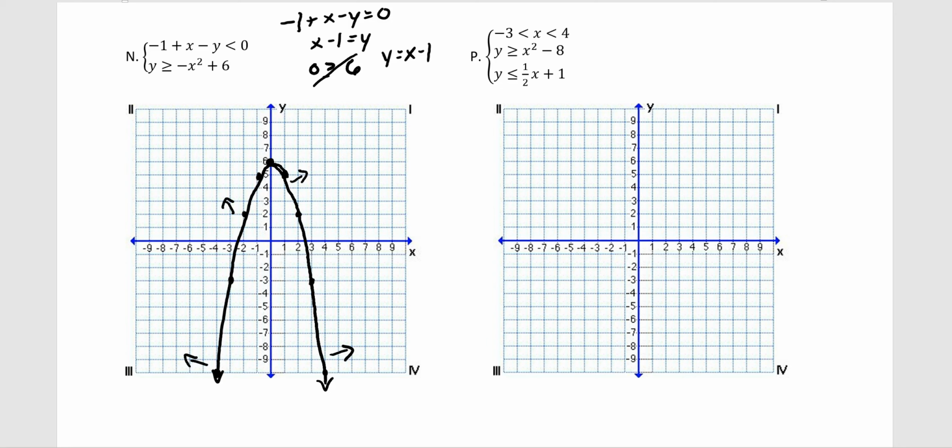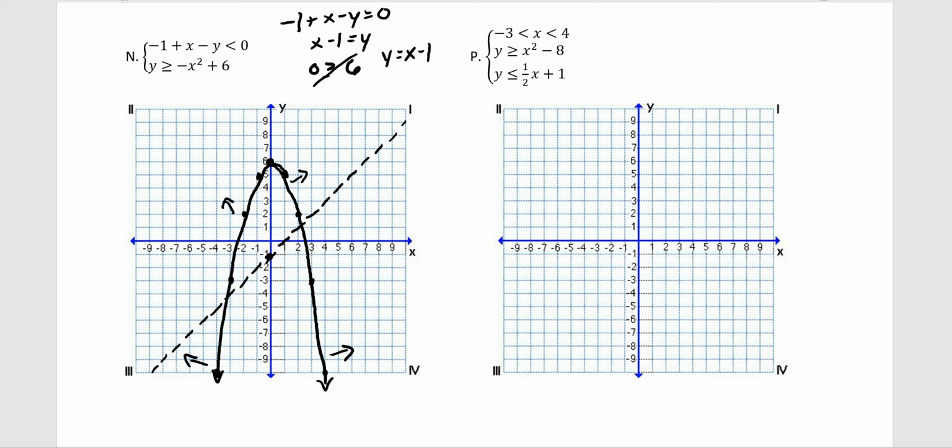So -1 is my y-intercept, a slope of 1, and I'm going to dash this, so I'm just going to go ahead and dash these as I go up 1 over 1, up 1 over 1, up 1 over 1 from -1. This is going great. Dash, dash, dash. Excellent.